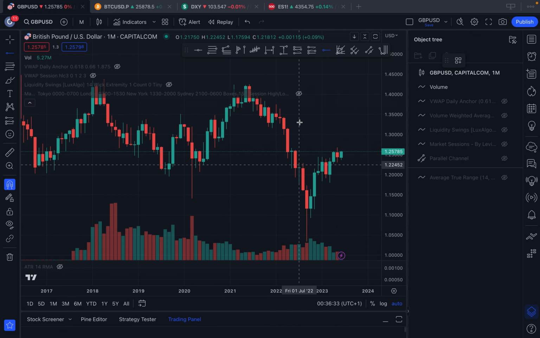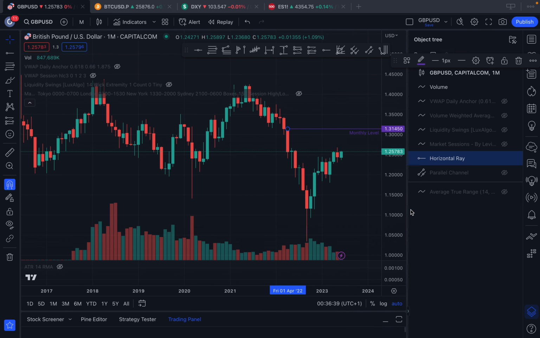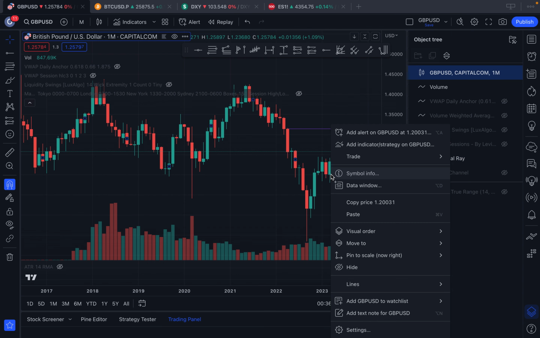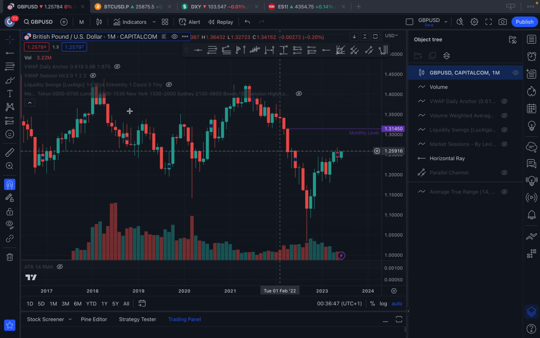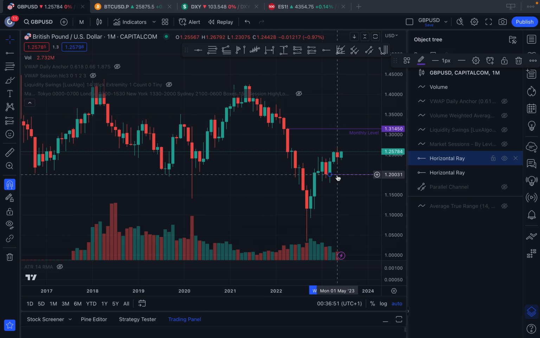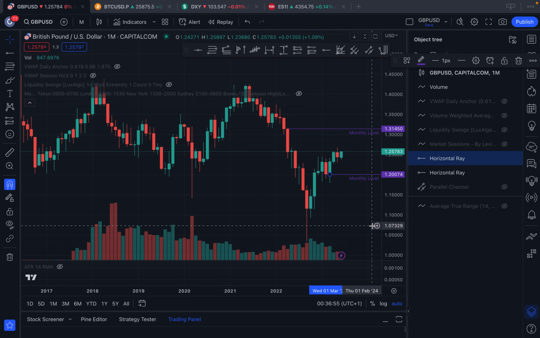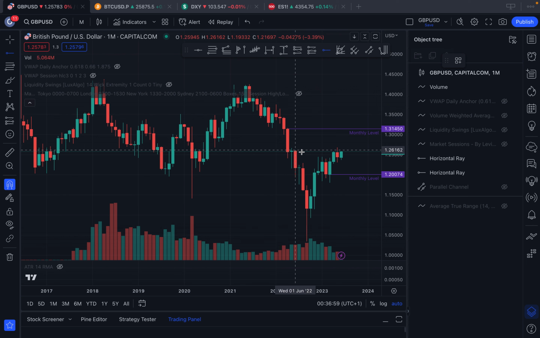So we've got this monthly above us, and we've got this monthly below us, which is quite a strong one. Then we've got this one here as well, which I think is a pretty good one.